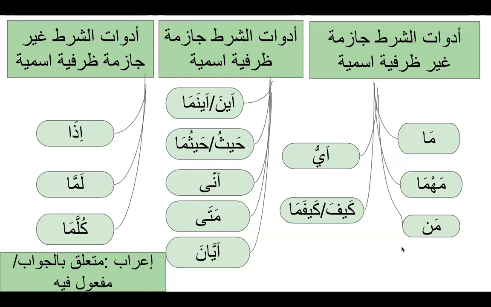No, right? So that is what ghayr zarfiya means, that they have nothing to do with time and place. They are advatu shart that are jazima, but they are ghayr zarfiya, which means that they have no relation to time and place. Okay, and we have not learned much about it because it is not mentioned in the Quran, but it can be an ism that may not have to do anything with time and place.